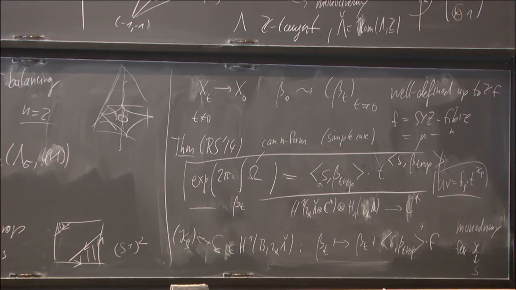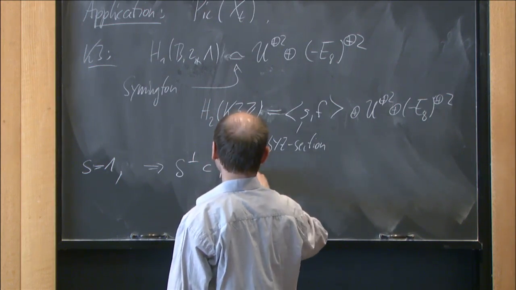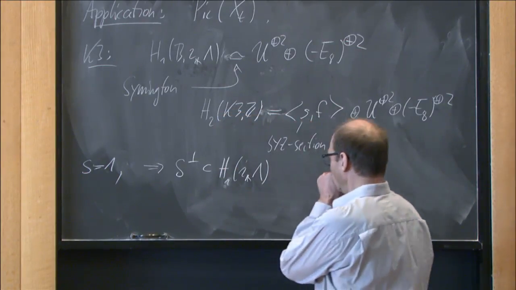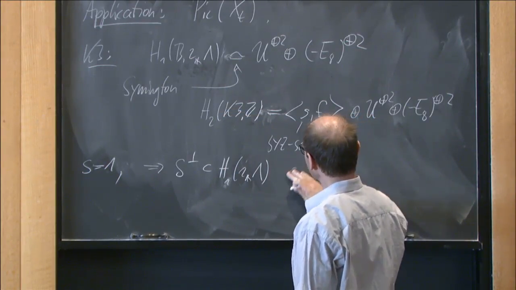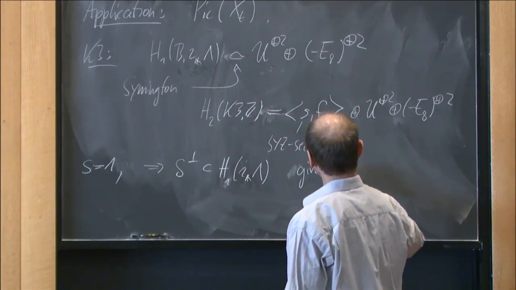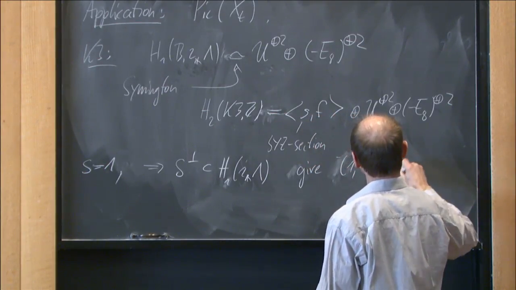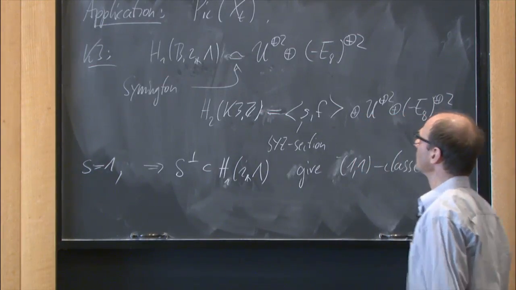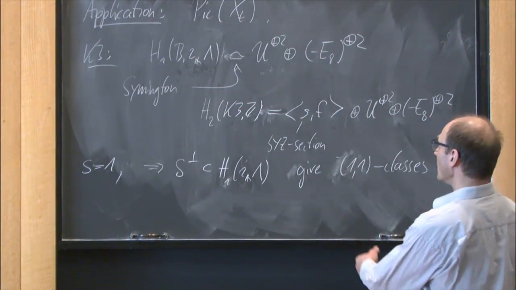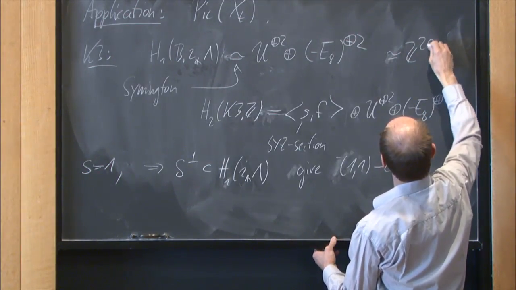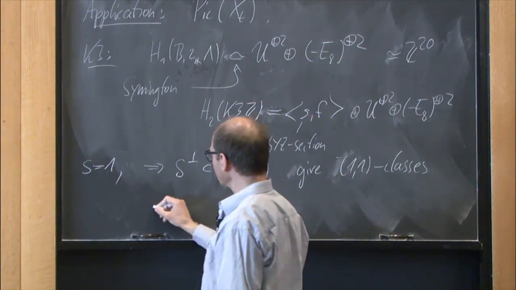So the perp thing in here, in H1 of iota lower star lambda, gives integral (1,1) classes. So, well, that's rank 20. So this means it's rank 19.